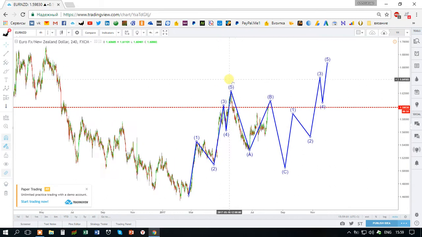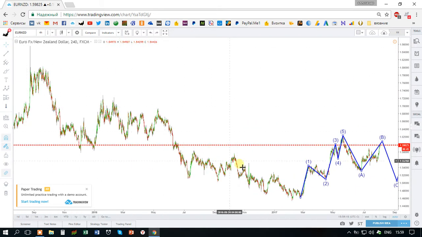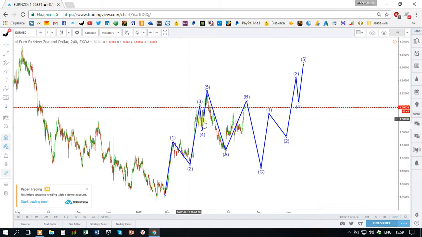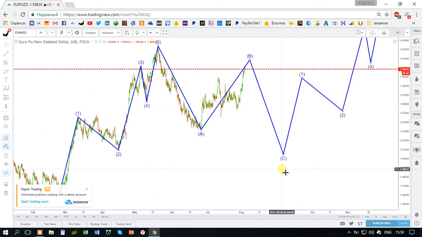So in a larger perspective, it should look like this: A, B, C, a large super zigzag. That would be a correction to this downside movement.